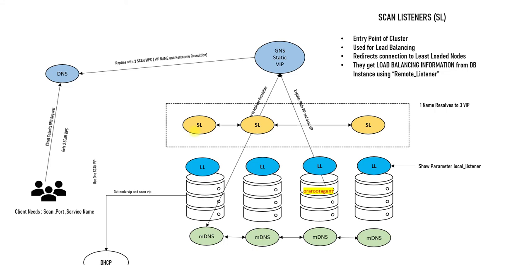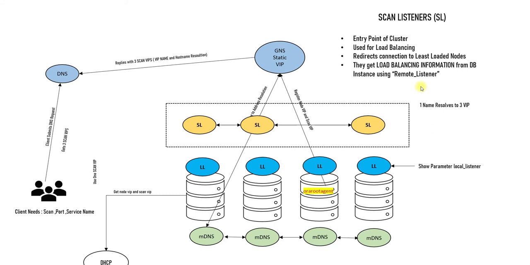If somebody wants to connect to the cluster, they will interface with the scan listener, okay. It is usually used for load balancing, and it redirects to the local listener which is least loaded, okay. Local listeners run on each and every node, but scan listeners run on the least loaded nodes, or any 3 specific nodes.